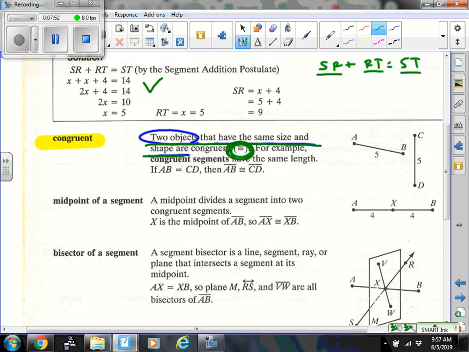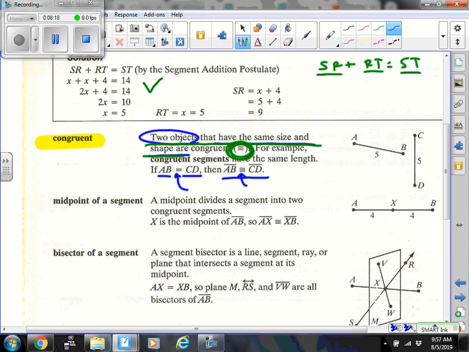Okay, so on the back side, you're putting the terms and your illustration. Now, for example, if the length of AB and the length of CD are the same, then the two segments have to be congruent. Here, we're not using the congruent symbol because we're not talking about shapes.